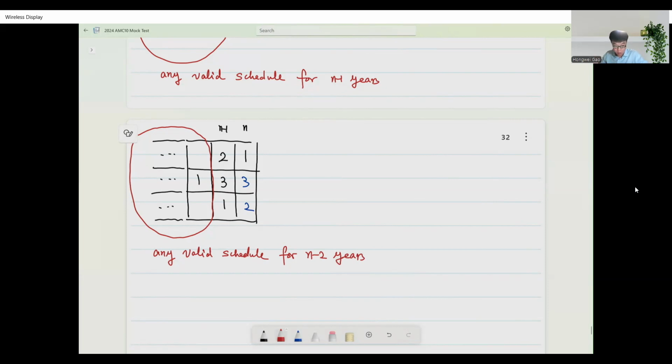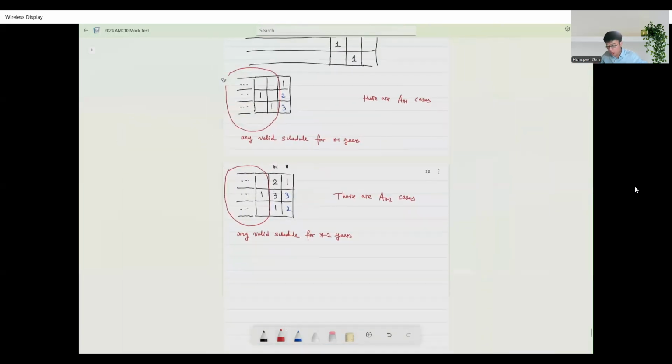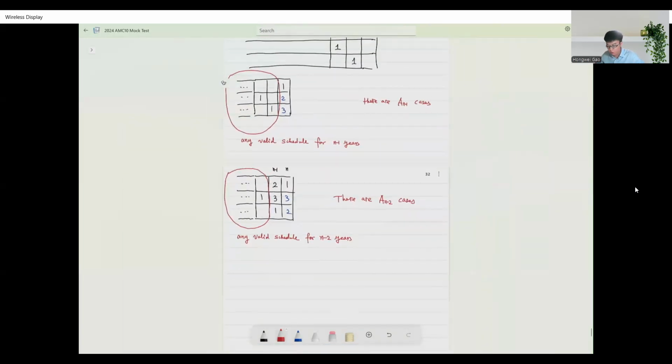As long as this part is a valid schedule for n-2 years, that means there are an-2 cases. Now, those two cases cover all possibilities for n-year schedule. And the total number we know is an. So an equals an-1 plus an-2. That's the recurrence relation here.